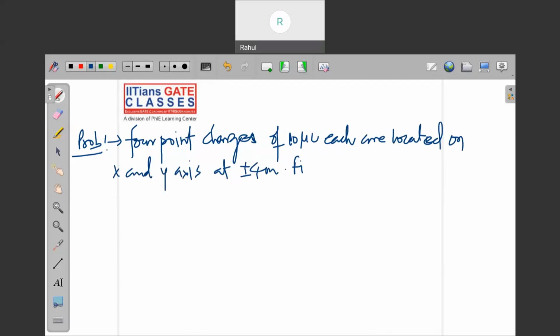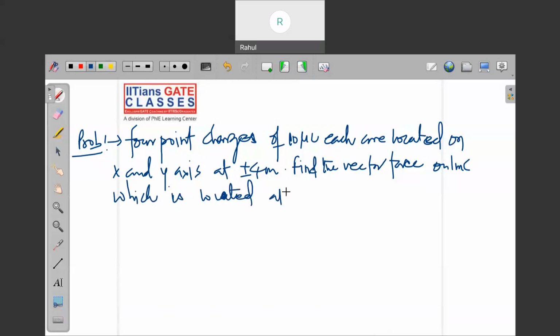Find the vector force on 1 millicoulomb, which is located on the z-axis at 3 meter. So this question can be done very easily if you are able to visualize, if you are able to draw.